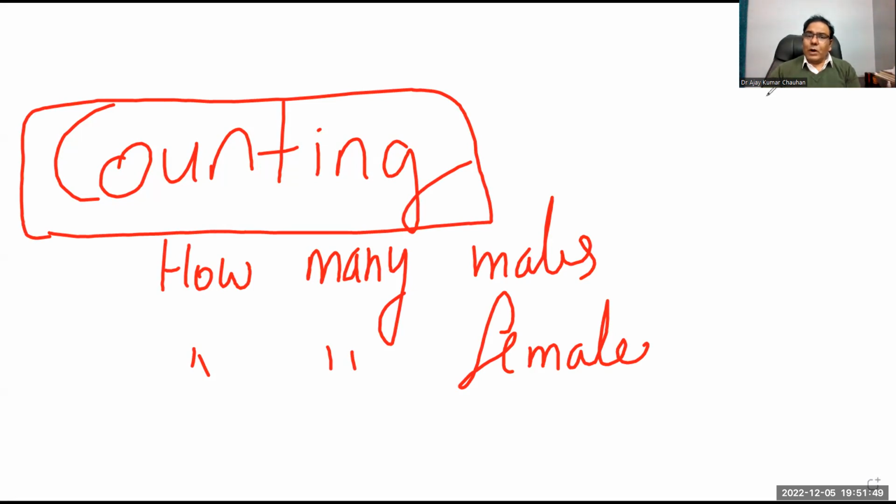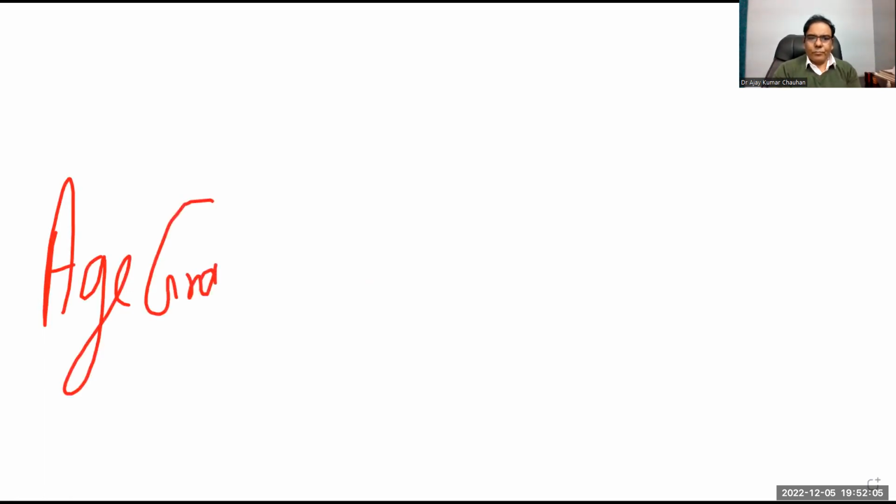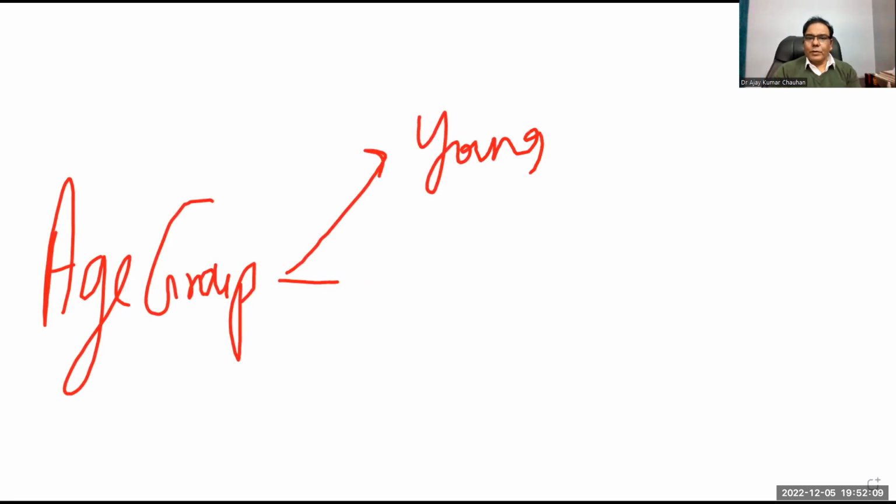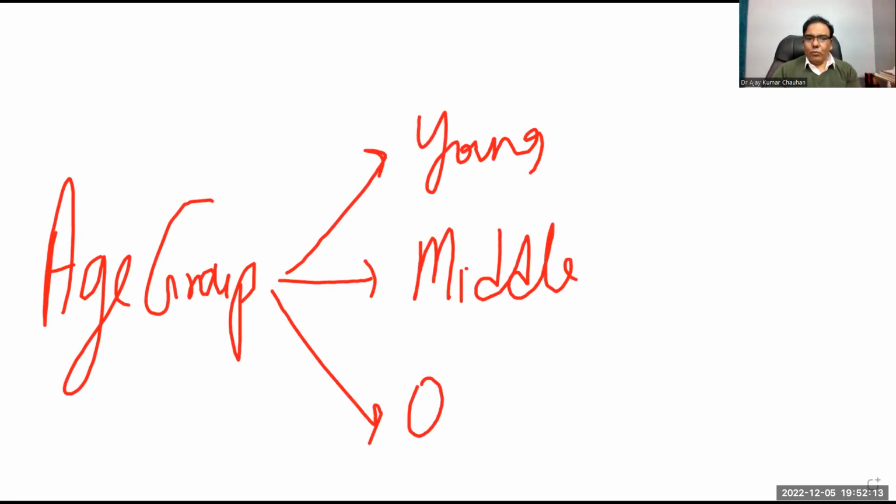And if you count different categories, for example, we are having the income group, or let's say age group. So we are having young, middle, and old.